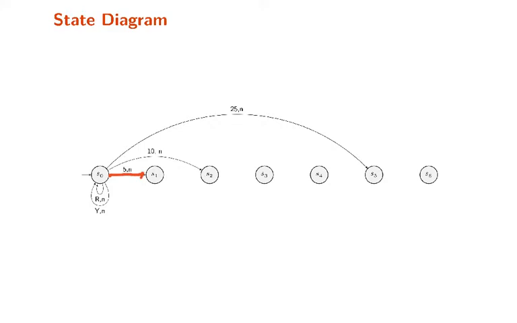To have an edge between S0 and S1 means that S1 is a next state. But it's a next state when I put what input? Well, the input 5. And when I get what output? The output N. So each of these arrows is going to be read in the same way.